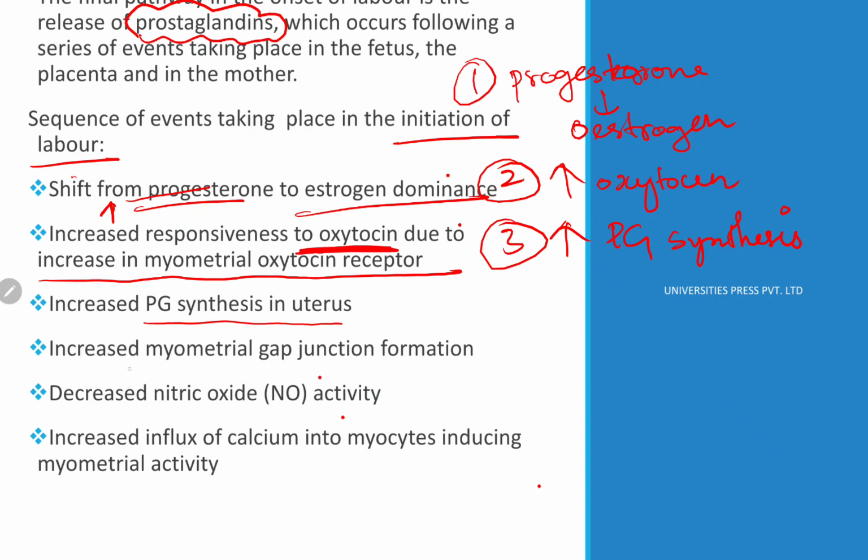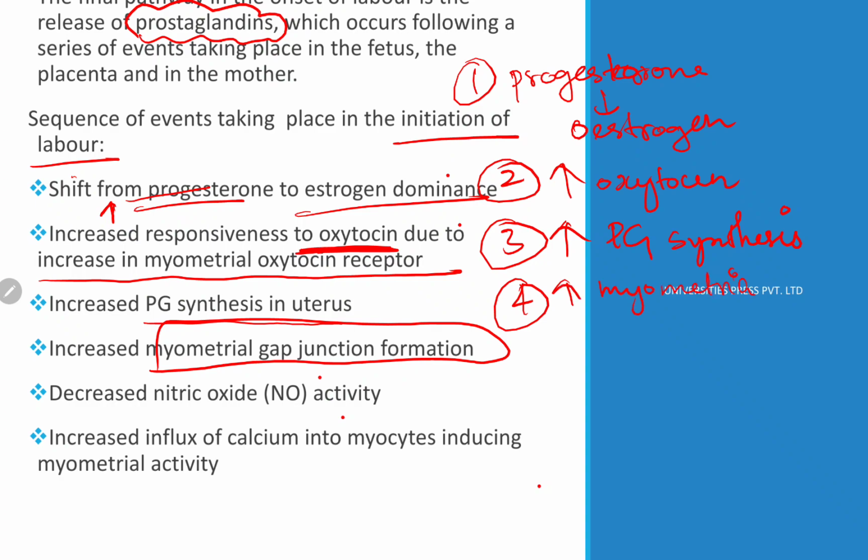The fourth point is increased myometrial gap formation. The fifth point is decreased nitric oxide activity.